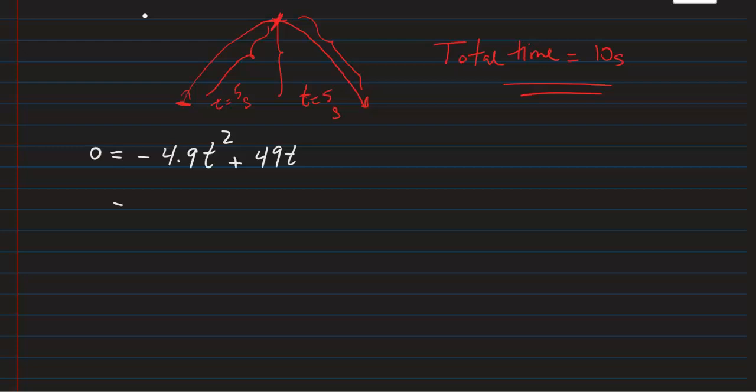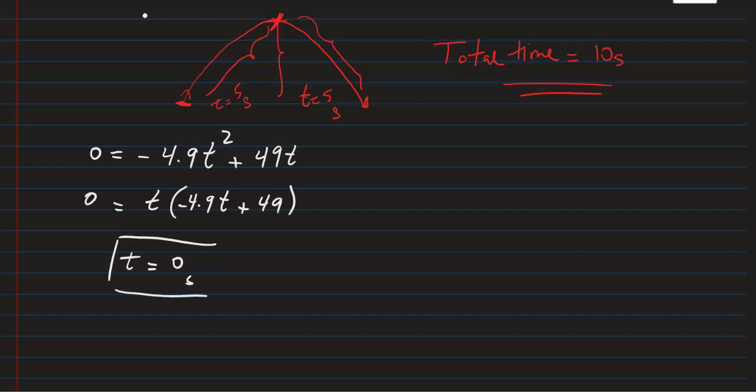Then you can use factoring, and that becomes t times negative 4.9 t plus 49, set equal to 0. So you have two options. T is 0 seconds, which makes sense, because at 0 seconds the height is 0, or negative 4.9 t plus 49 equals 0, and then t ends up being 10 seconds.